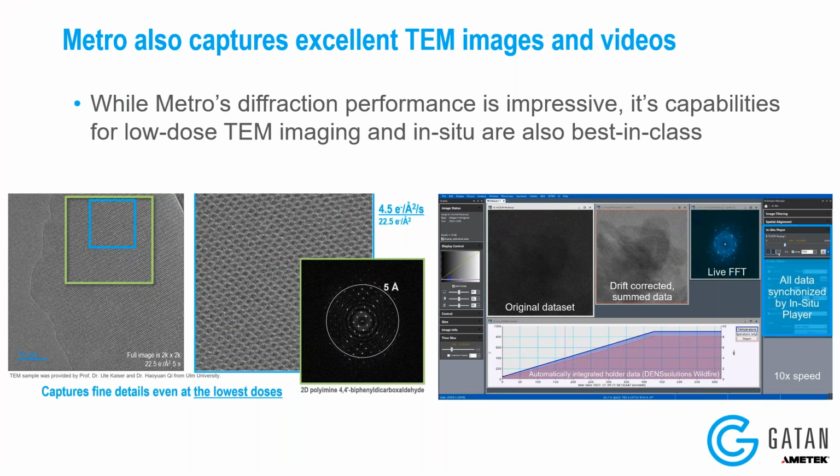And I could go on and on. I would love to spend another hour talking about all of this capability as well. But we already have some really nice presentations on these topics out there. So today I just wanted to focus on diffraction.